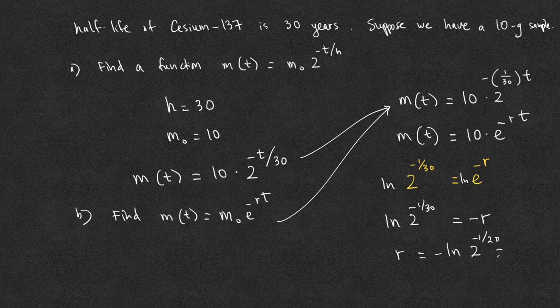This is approximately 0.0231. And so the model that we're looking for is m of t equals 10 e to the negative 0.0231 t. Both of these equations will give us the same answer.